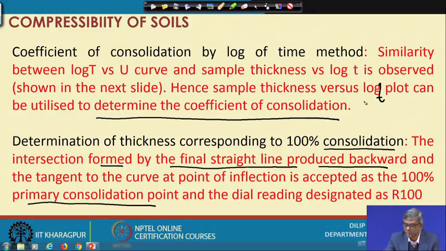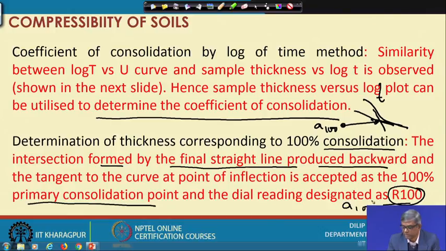The curve is coming like this. I will produce back this one, and this intersecting point will be your A100. I will go back to the figure again: the dial reading is designated as R100 or A100. In the figure it is A, but this is written as R, so do not get confused, they are the same.